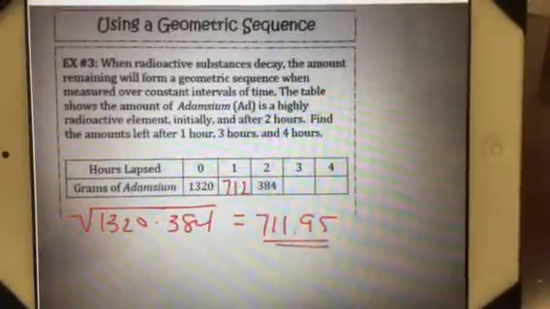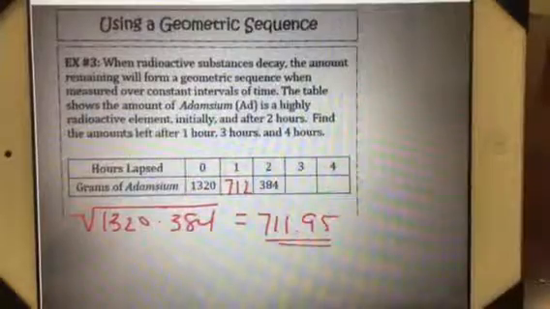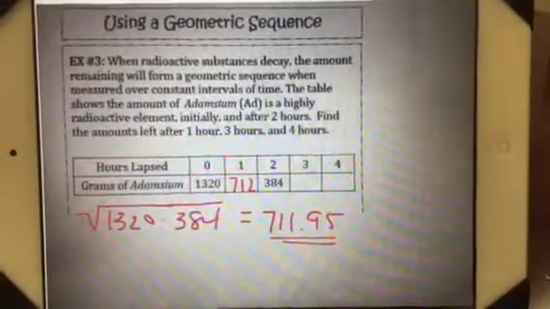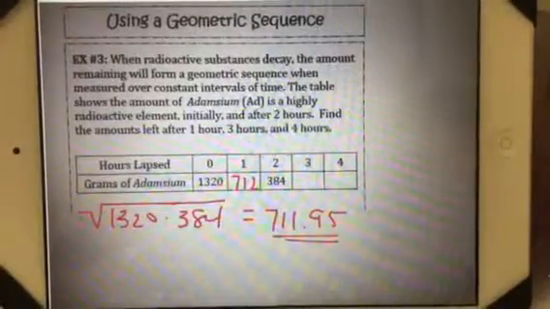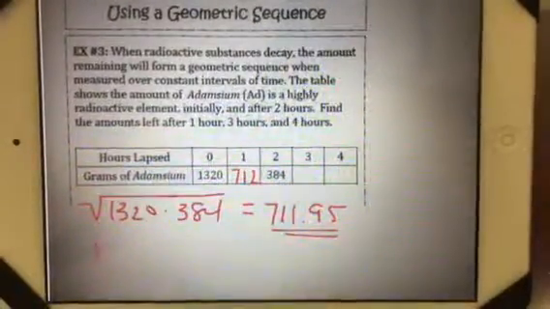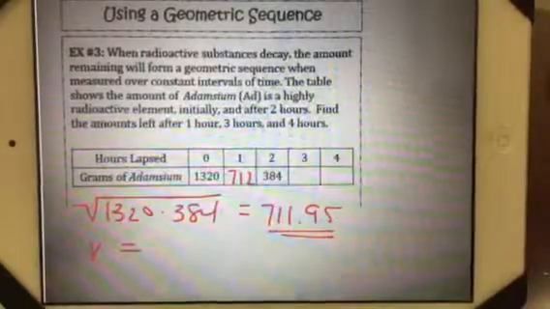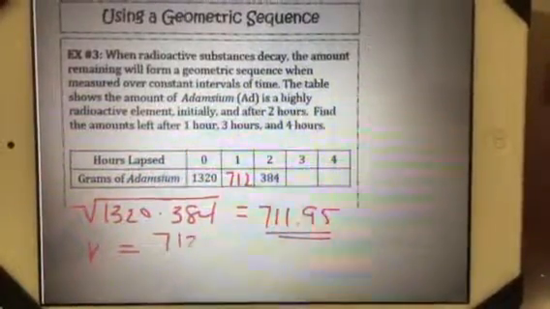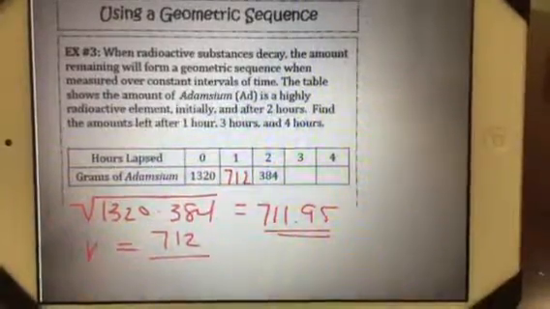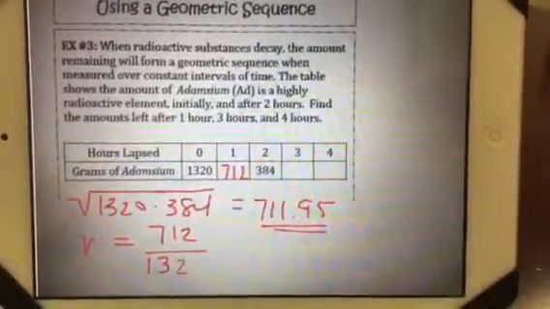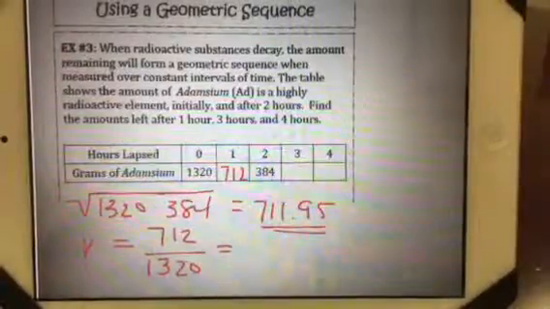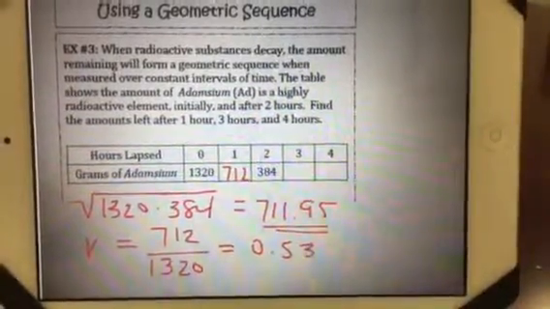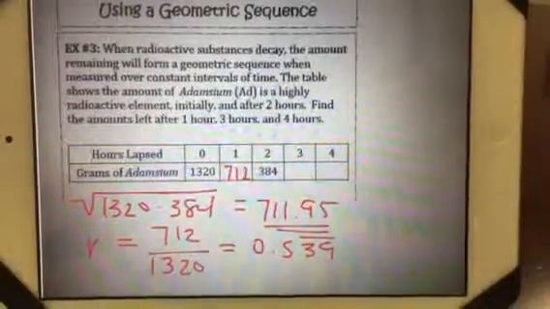Geometric mean: when given two values, take the square root of the product of those numbers, and that'll give you the value in between. Well, now that we know that value, we can now find our common ratio, and we can take our 712 divided by the value given initially. And that gives us a ratio of 0.539, which will continue.